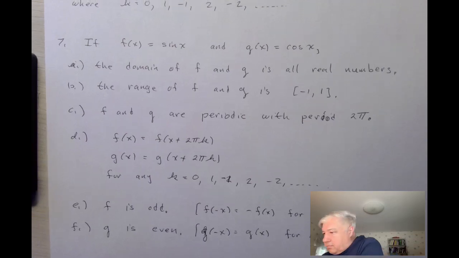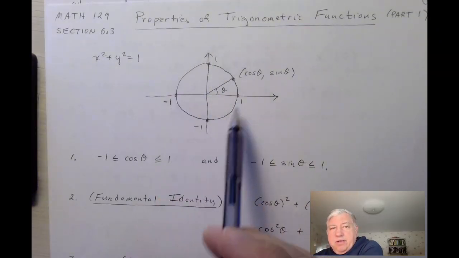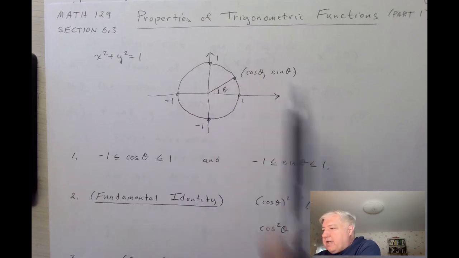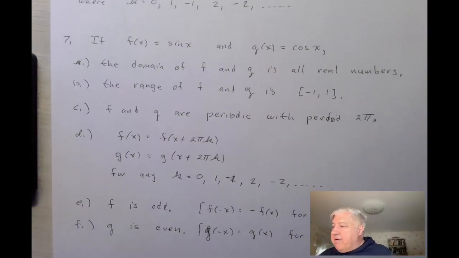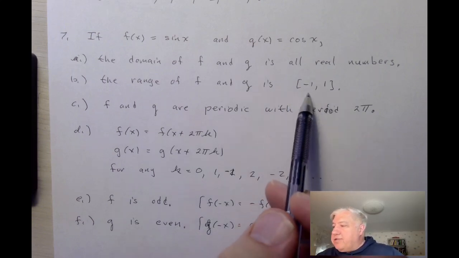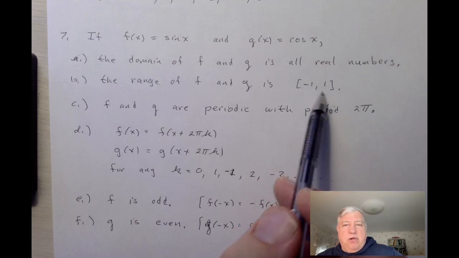Because we can take the sine of any angle, whatever theta is, we can wrap it around the unit circle theta many times, and we'll get a point, and then we'll get a cosine and sine. So the domain of both the sine and cosine are all real numbers. And the range, of course, we already said the sine and cosine have to be between -1 and 1. So the range is this closed interval, all numbers between -1 and 1 inclusive.